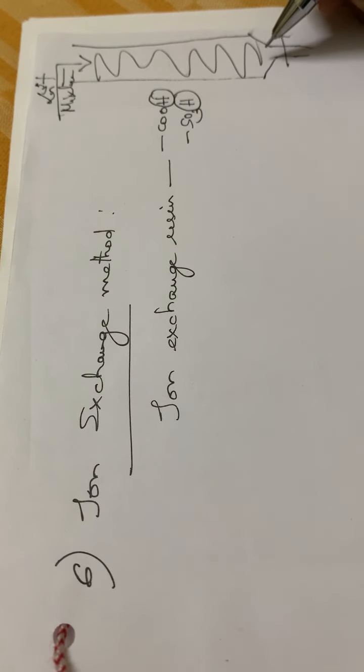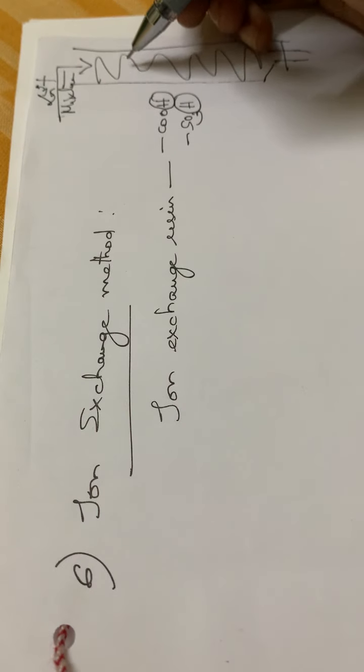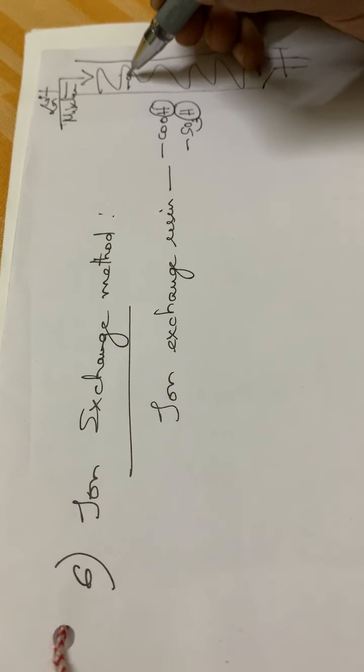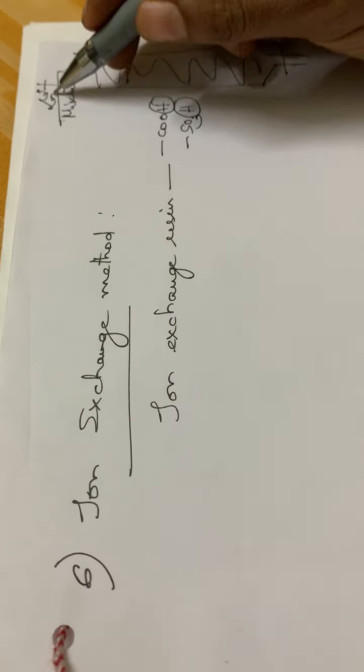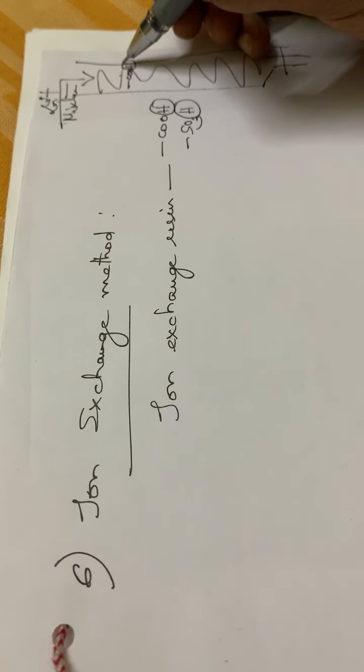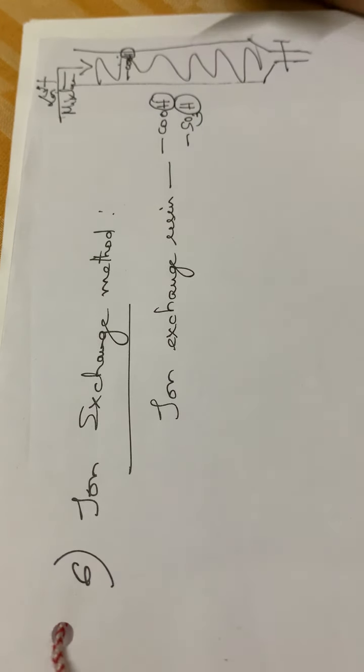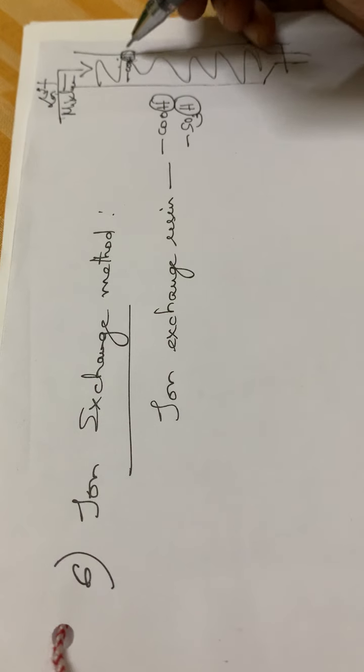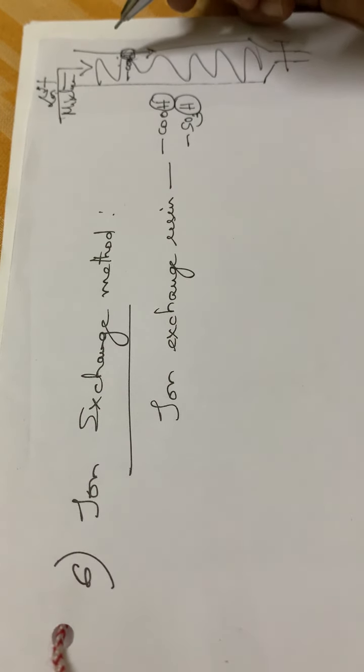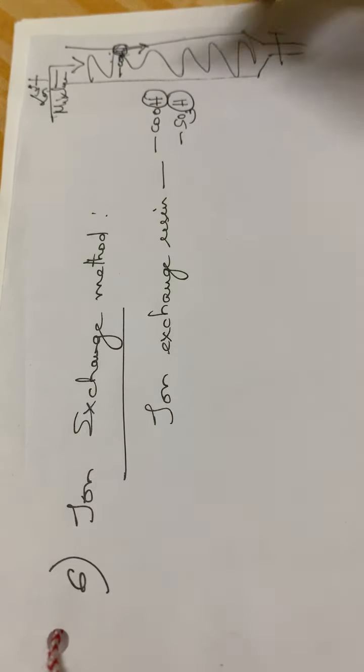So what happens is that if we are taking a COOH group resin here, this H+ will be replaced by the incoming lanthanide ions. The H+ will be removed, and in that position the lanthanide ions will take place.